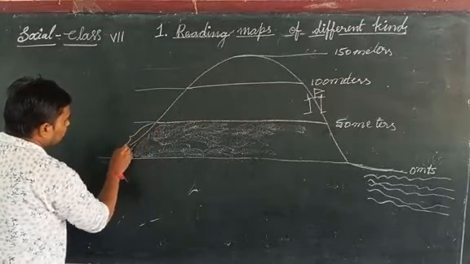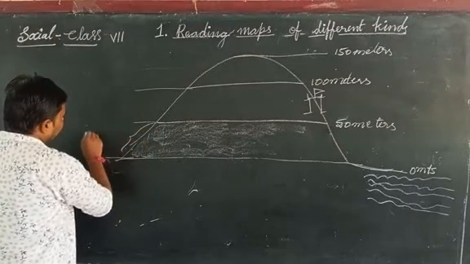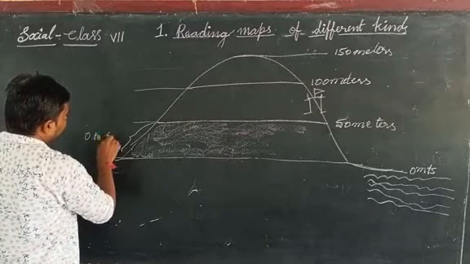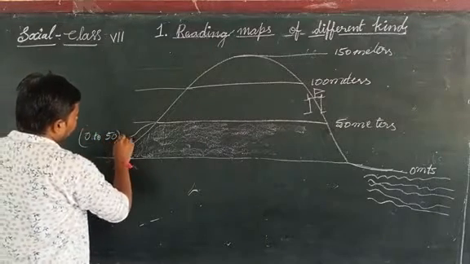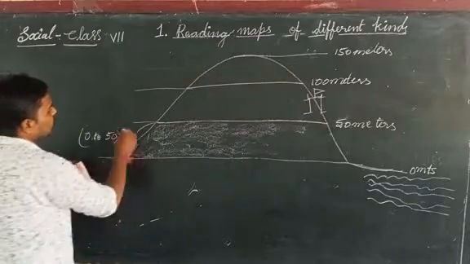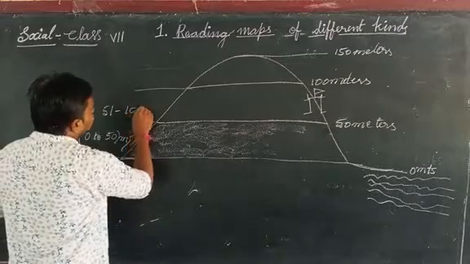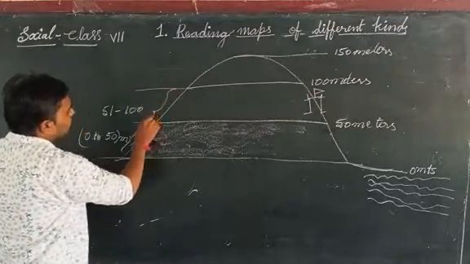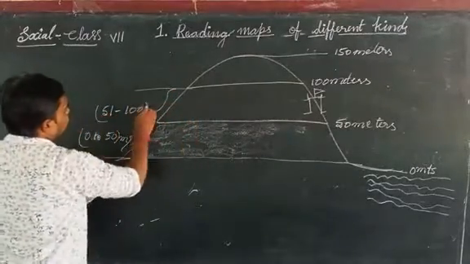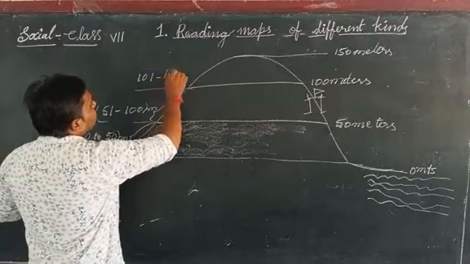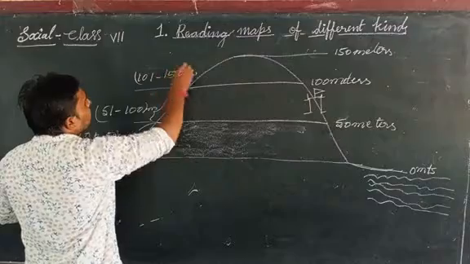This is the contour line between 0 to 50 meters. Next, this line varies from 51 meters to 100 meters, and this is from 101 meters to 150 meters.